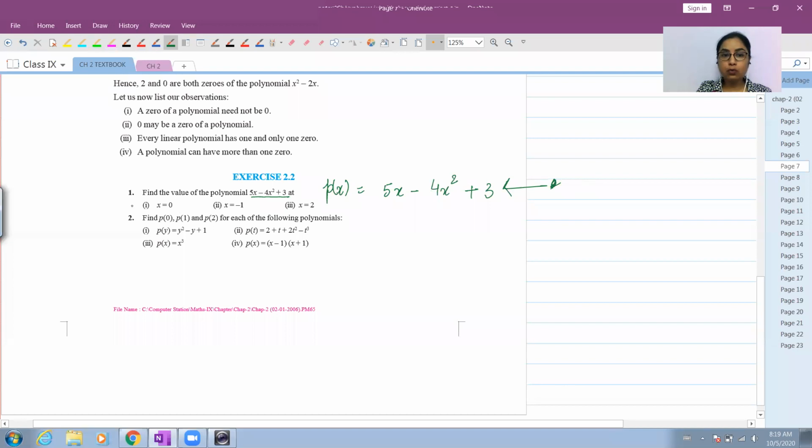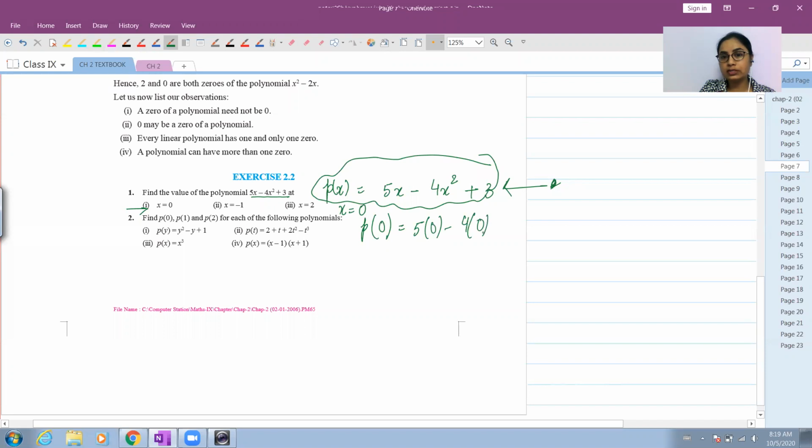And then when I want to find the value of this polynomial by substituting x by the constants given to me, when I take x equals 0, I will be writing it as p of 0, the whole representation. In the complete representation, you're going to replace x by 0 on the left hand side as well as on the right hand side.